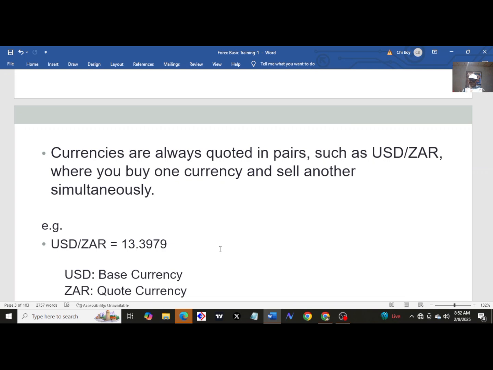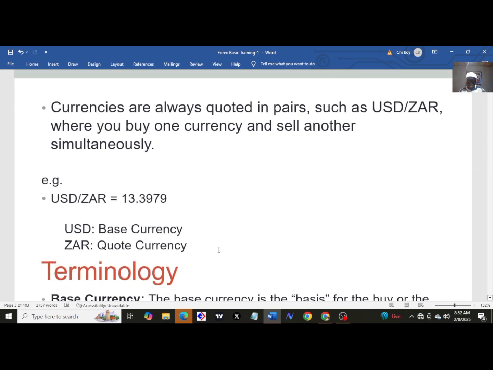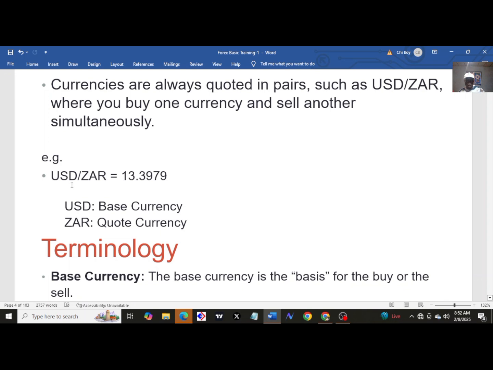So let's go further. We have an example here, which is US dollar against rand, as I have said. And then we have what is called the base currency and the quote currency. The base currency is the US dollar. As you can see, the first currency in the pair is the US dollar. The quote currency is usually what? The second currency in the pair, whatever pair you are trading.